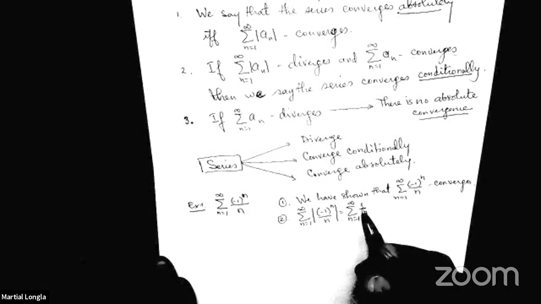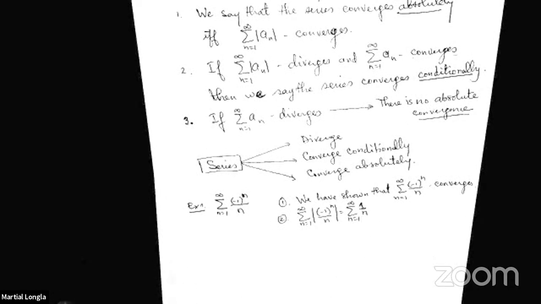Now you're going to tell me, does this thing here converge or diverge? Sum of 1 over n. And this is the part where I tell you, it's now your knowledge of the previous topics. How would you decide on this? Does it converge or diverge?